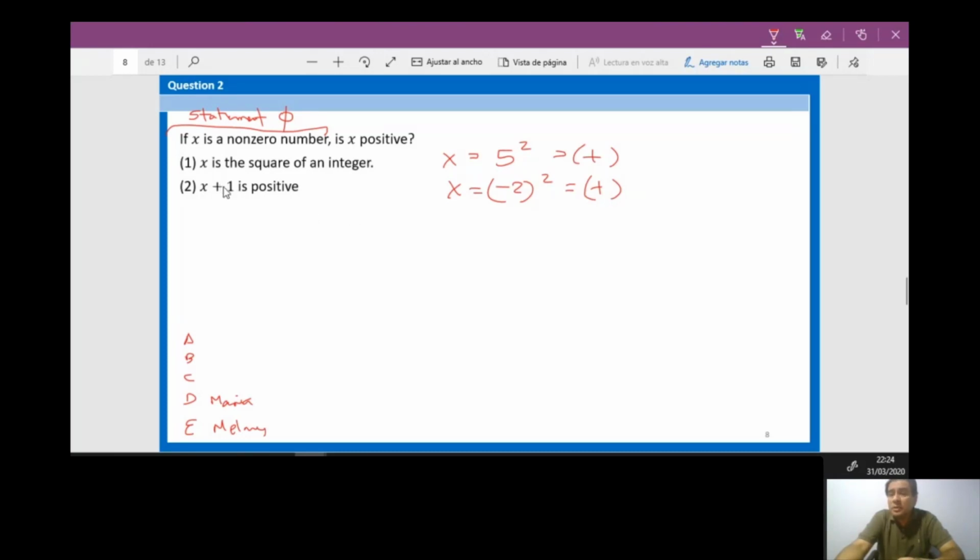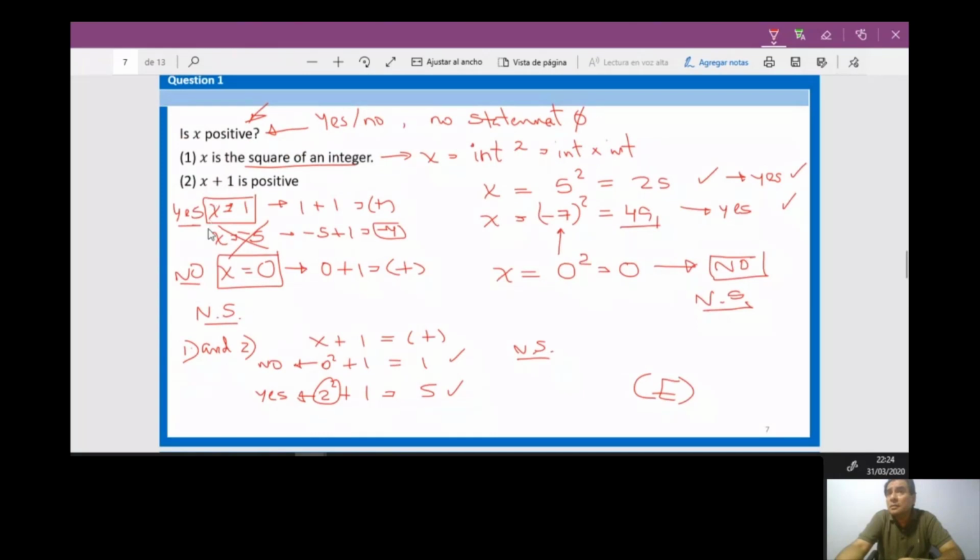The statement, you mean here, we couldn't consider the value of -5 because the statement affirms that x plus 1 has to be positive. And if you consider -5 here, the result wouldn't be a positive sum. It would just be -4, right? Okay. I said it because of that.